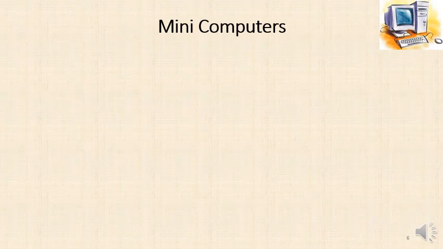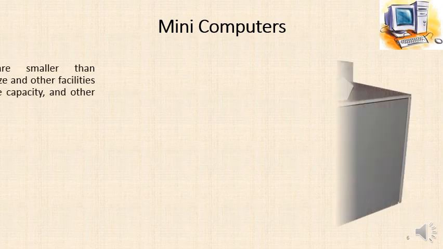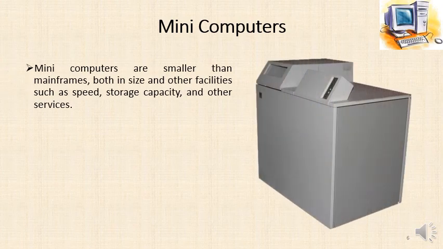Now the third type of digital computers, that is minicomputers. Minicomputers are smaller than mainframes, both in size and other facilities such as speed, storage capacity, and other services. So we can say that minicomputers are the third fastest and most efficient computers in the classification of digital computers.